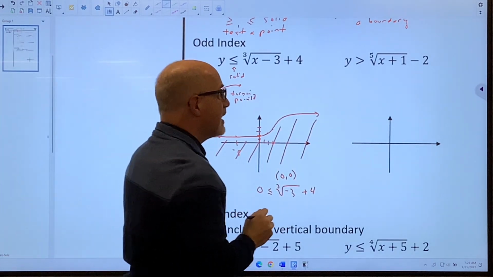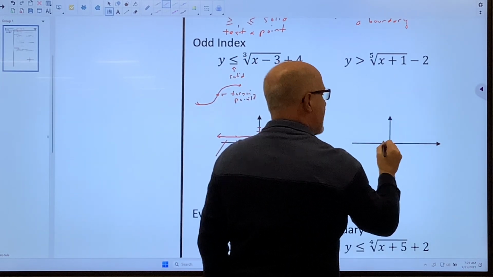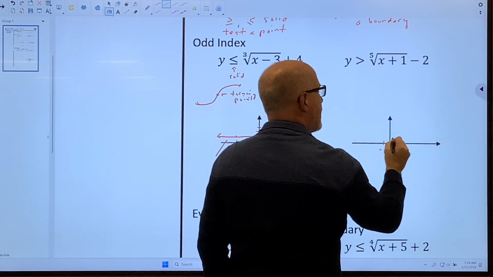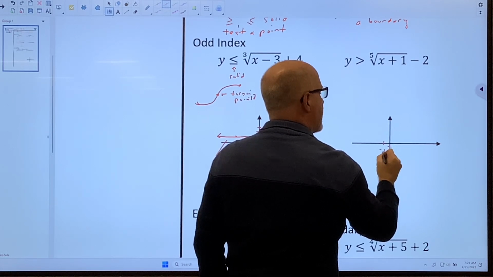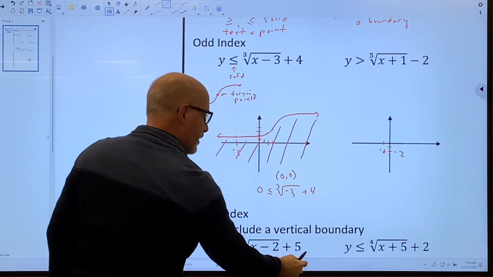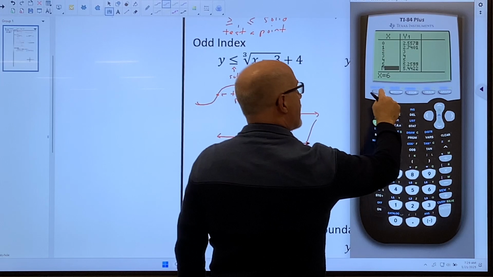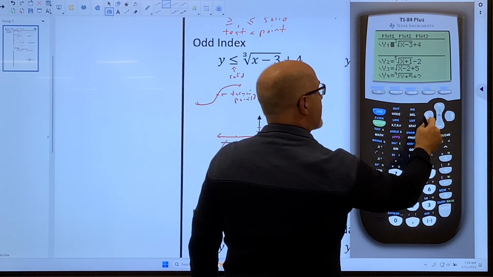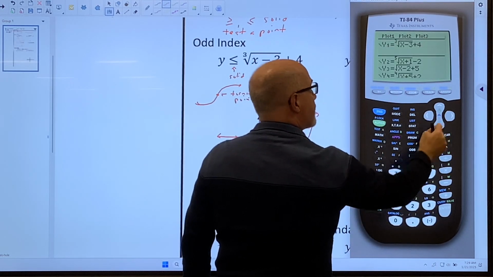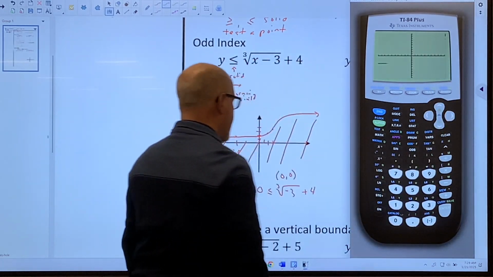Let's try this one. Notice that this is a fifth root. Our turning point is going to be at -1, -2. So right down here is our turning point. We're going to look at a couple points on our graph here. If we go to y equals, I'll turn this graph off, I'll turn this graph on, and then take a look at the graph.